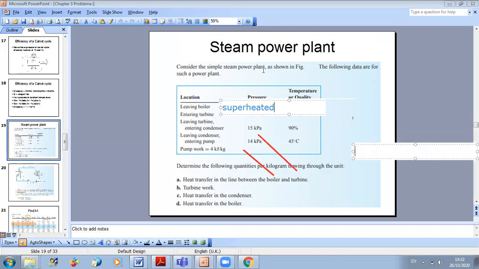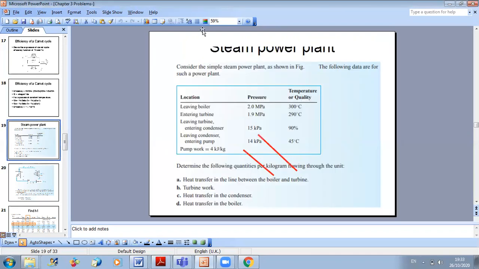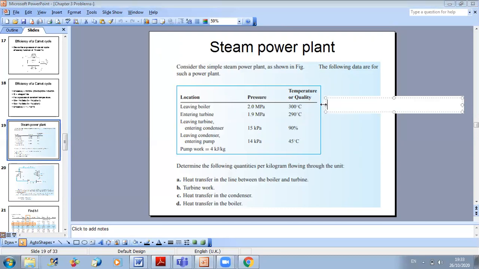For the turbine, what did they give me? They gave me also the pressure and temperature. Now, look, for when entering the turbine, I can assume it's a superheated state, because in general, through the turbine, at the exit I might end with a certain quality, but the quality should be very close to 100%.